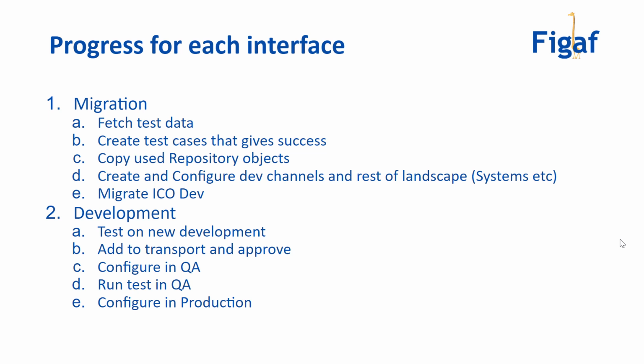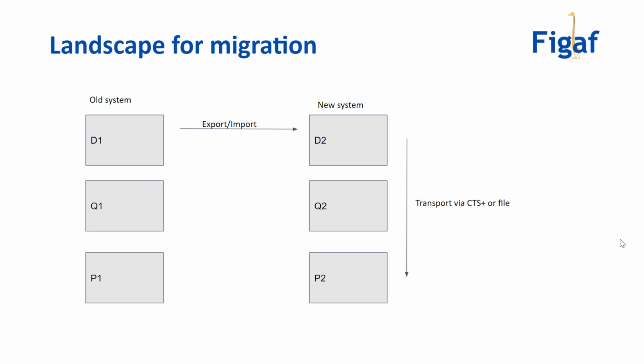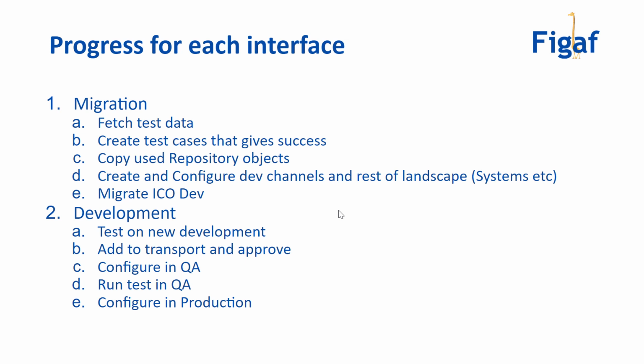Then we will copy your repository objects, we will copy configuration objects, migrate the ICO, and then now that we have done our migration, we will also copy all the rest of the system configuration. So for each landscape, we want to be able to specify that the communication channel in here looks like the communication channel in here. So the QA and productive paths should be different.